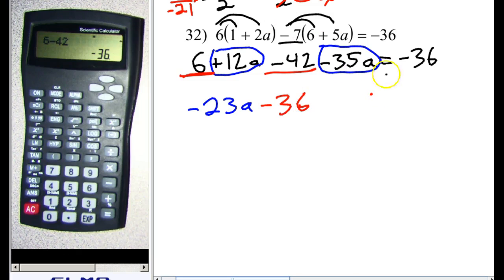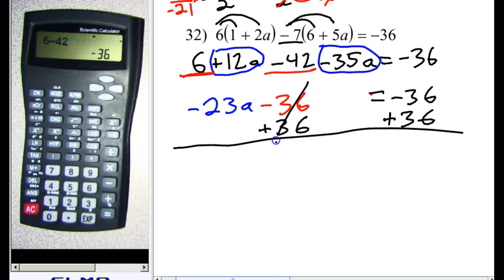And that equals negative 36. So let's see here. Let's get the numbers to the right here. We already have the variables on the left, so we didn't have to add or subtract any variables. So we'll just go to the next step and take that number on the left and add it to both sides. Okay. Both of them are 0.